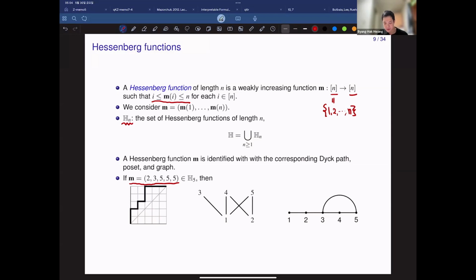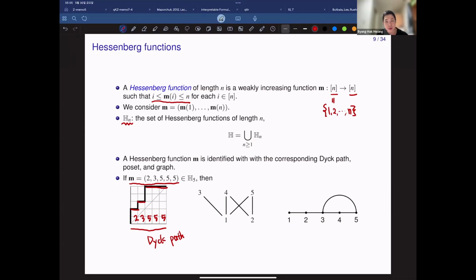Then there are a few combinatorial objects associated with this sequence. The first is the thick path. The Hessenberg function 2, 3, 5, 5, 5 corresponds to this thick path, where the heights of the right steps are 2, 3, 5, 5, 5.